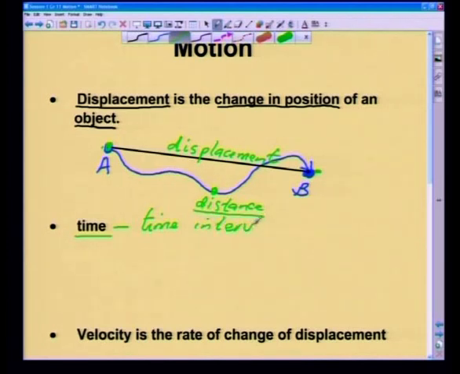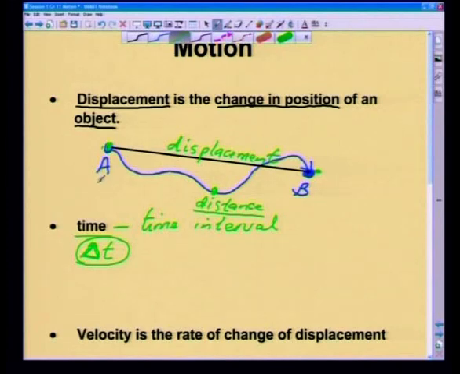We usually also refer to it as delta t. The fact that we're using this symbol, delta, we are actually saying that there is a change in time.